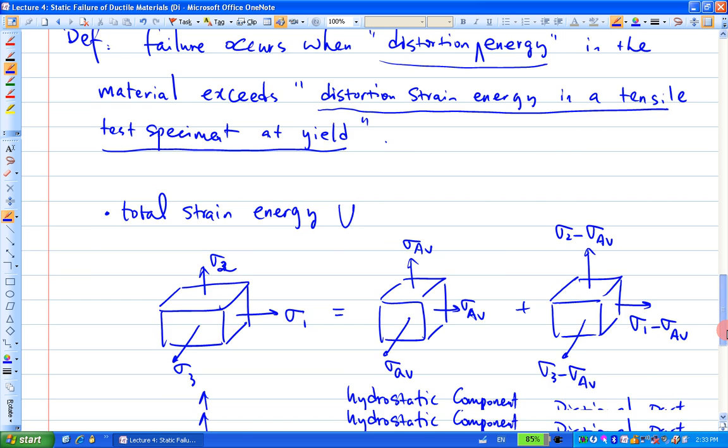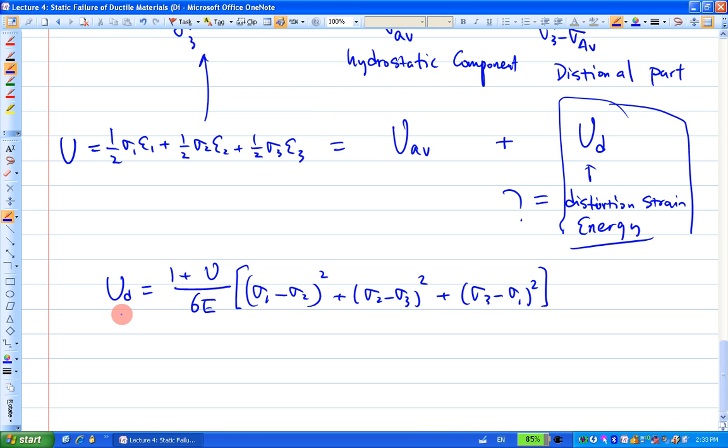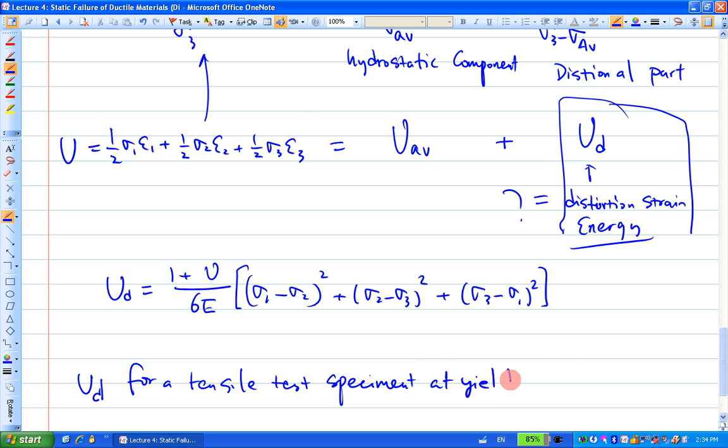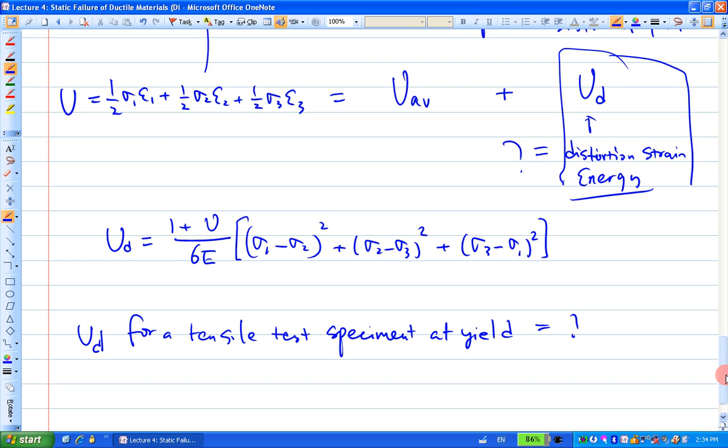So let's look at UD: what is the UD for a tensile test specimen at yield? Let's figure out this quantity. If we figure it out, then we basically have our distortion energy theory.